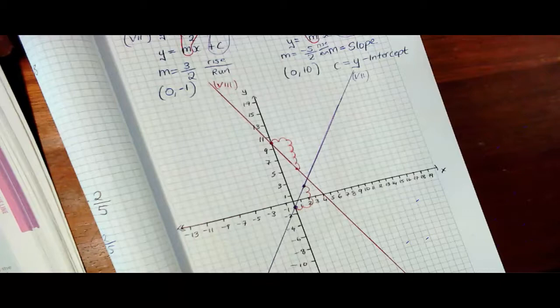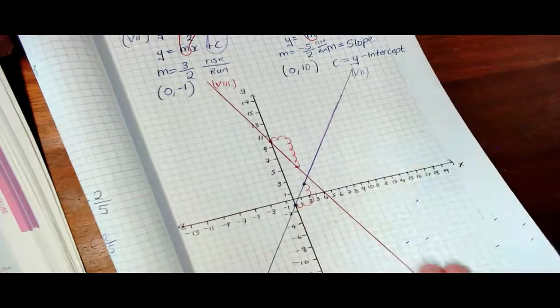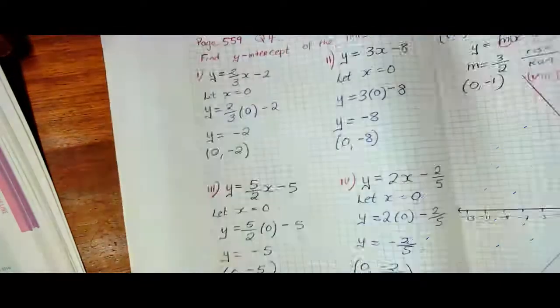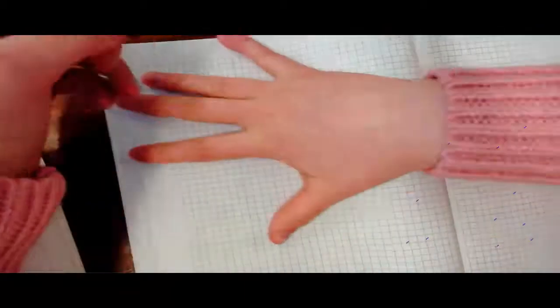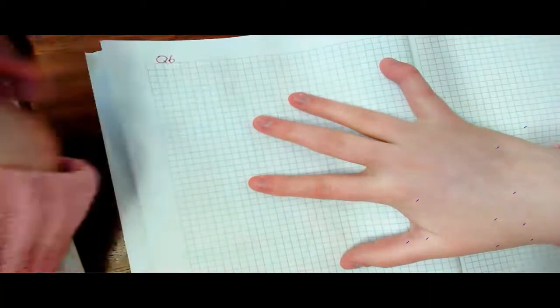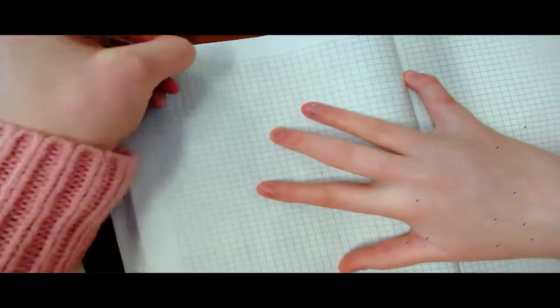So then I'm just going to have a look at question 6 then as well, okay? So question 6, you also had to graph 2 lines. Page 559.